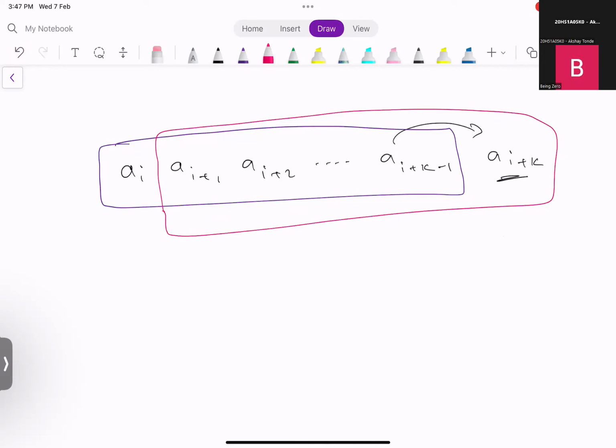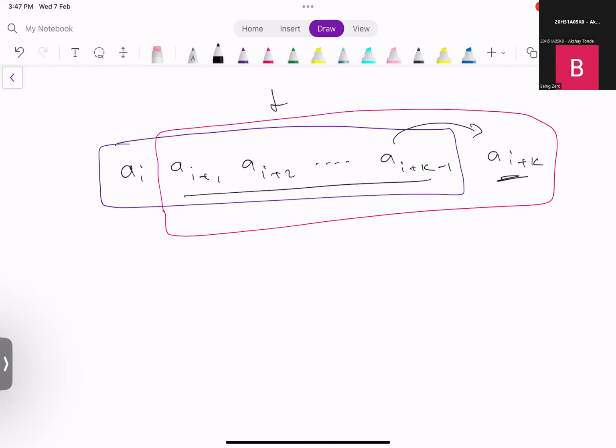Now, in the question, for every such segment we just need to ensure that the sum of the blue region and the sum of the pink region are not varying much, with a difference of one or less. Now here, if you observe, there is a common intersection part, right?